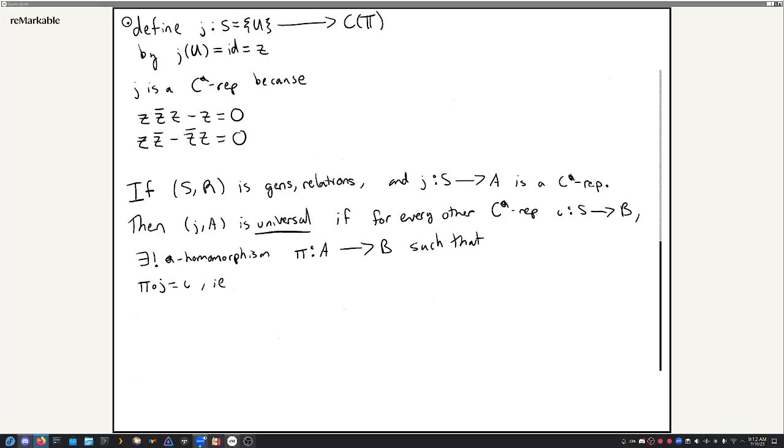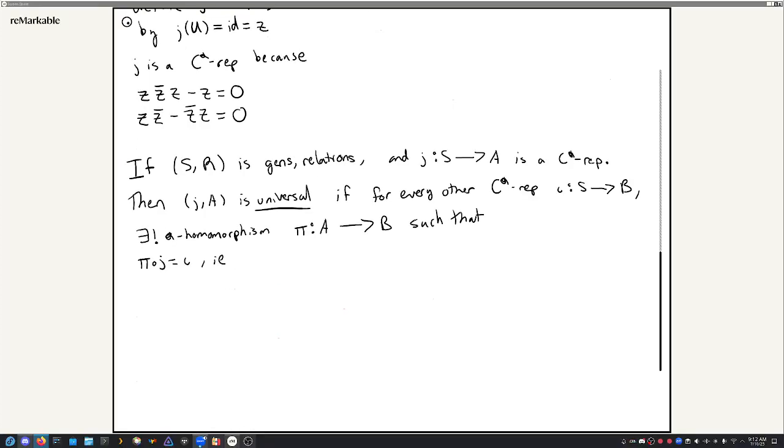Or in other words, you have a commutative diagram where at the top we have J, on the left we have iota, and then pi is a unique star homomorphism that exists going from A to B, which makes this diagram commute.